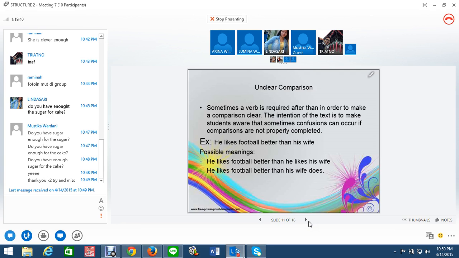Well, comparison, but there are some topics. First is unclear comparison. You can see that in your module 7, there are 5 subtopics: unclear comparisons, repeating comparative, double comparative, more use, non-comparative, less, and fewer. So here we are going to talk first about unclear comparison.